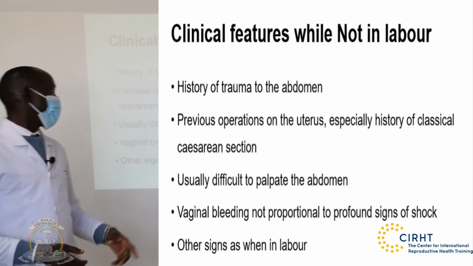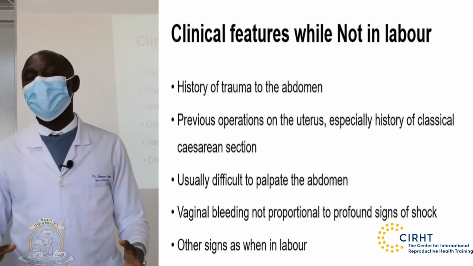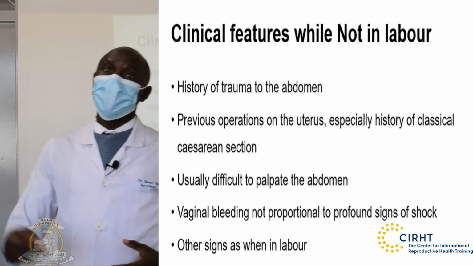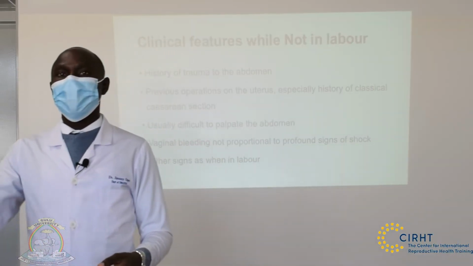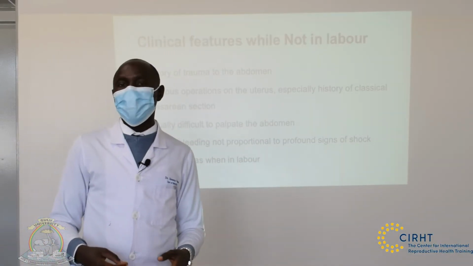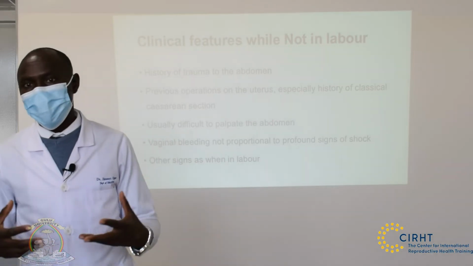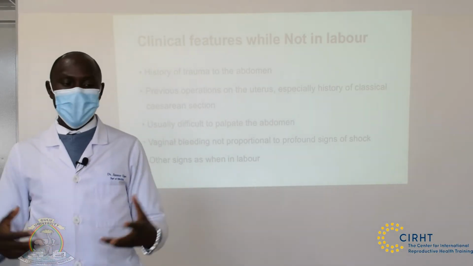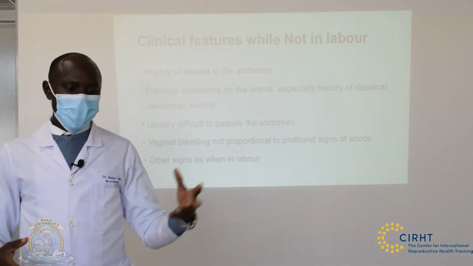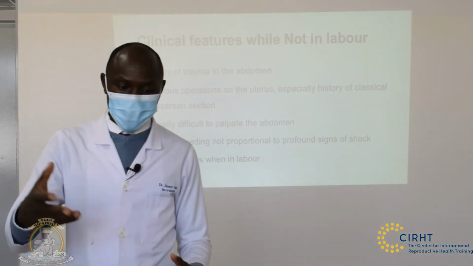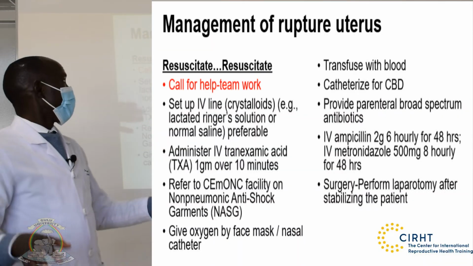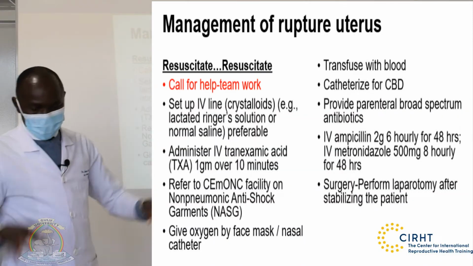And these mothers continue to have vaginal bleeding that is profound but may not be proportional to the level of shock that they have, because they normally bleed intra-abdominally, and so blood tends to collect within the abdomen. If you look at what is coming out through the vagina, it may not be easy for you to say that this patient is in typical shock because of the blood that you are seeing. Now, management of ruptured uterus: just resuscitate these mothers.